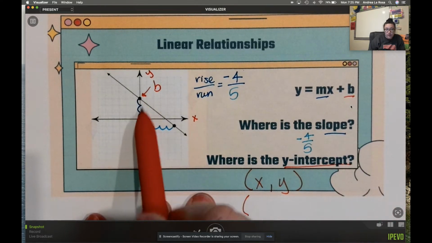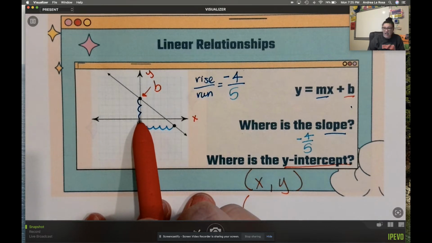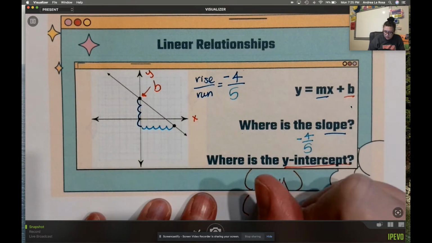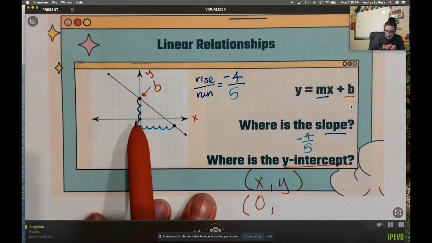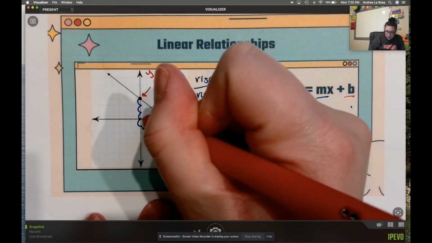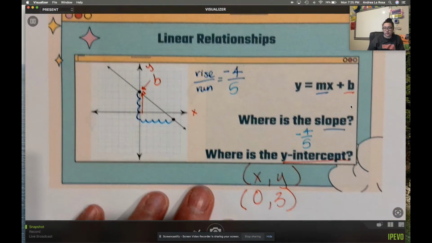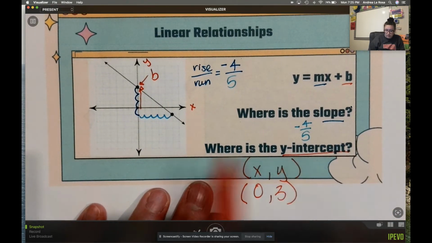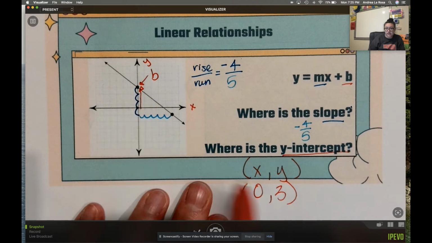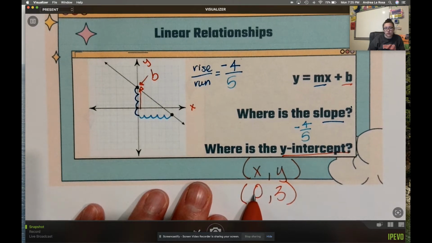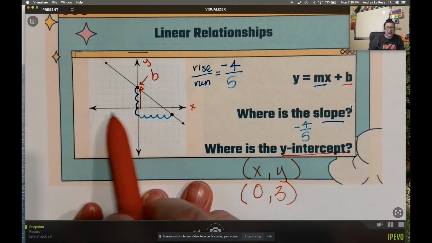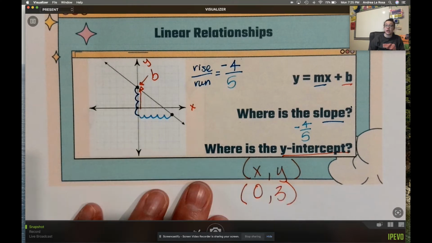Going to that point, I don't slide left or right, so my x is 0, and my y is +3 because I went up 3. On your y-intercept, because it's on the y-axis, x will always be 0, because I'm not going left or right, I'm just going straight up. I don't slide, I just pop.